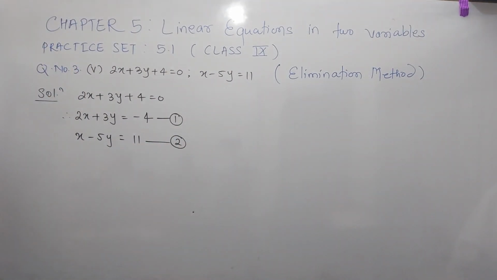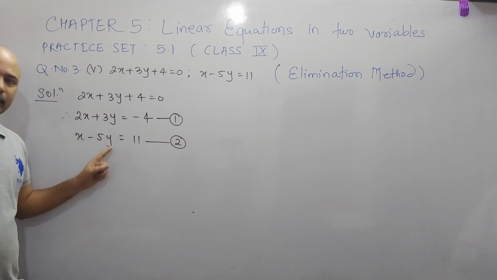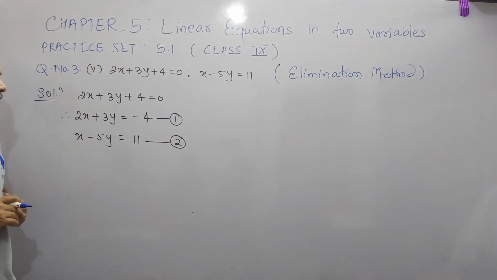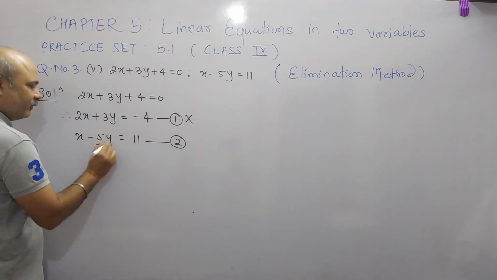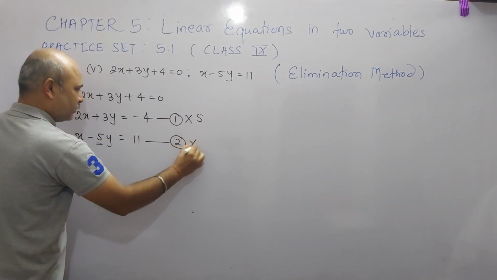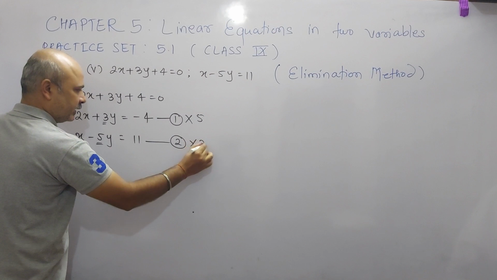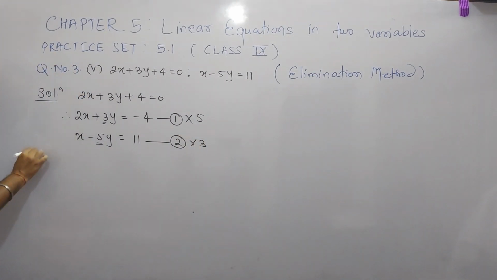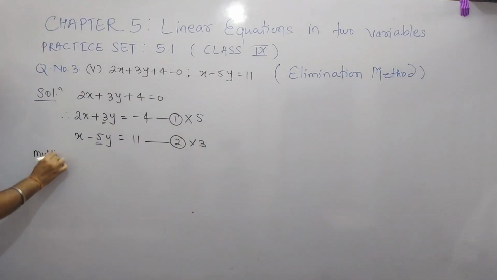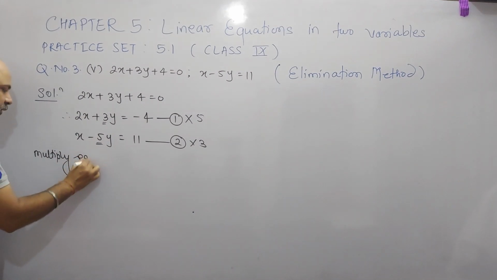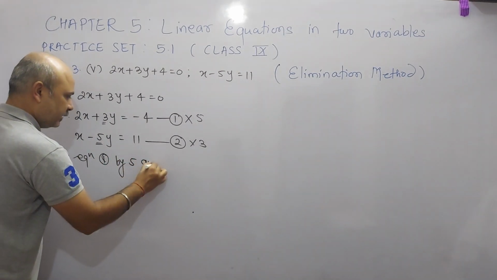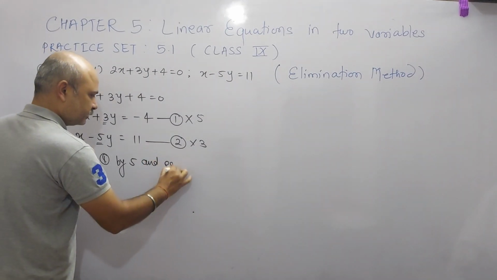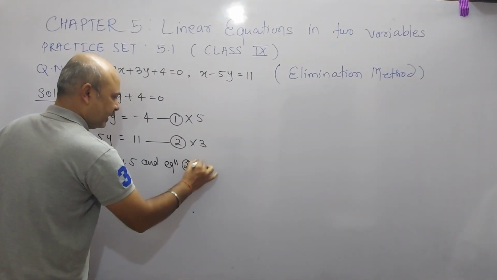Similarly, again we are going to eliminate variable y. So to make their coefficients equal, you will multiply equation 1 by 5 and equation 2 by 3. So we'll write here: multiply equation 1 by 5 and equation 2 by 3.